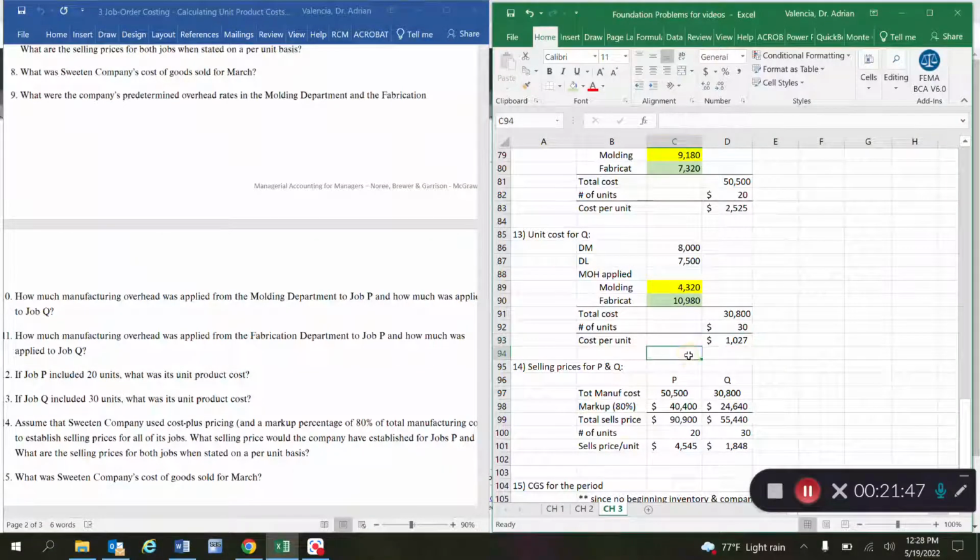So we know the total cost of manufacturing based on what we just did, 50,500 for P, 30,800 for Q. We mark it up 80%, just like we did before, and our sales price is going to be 90,900 for P and 55,440 for Q. When we calculate this on a per unit basis, what we're charging now as a sales price for P is 45.45 and 18.48 for Q.